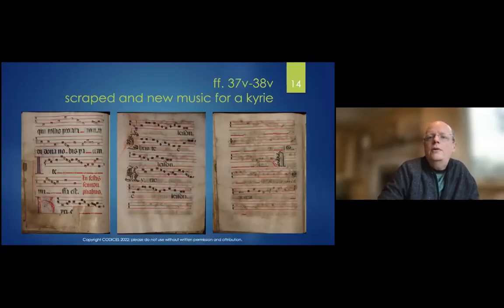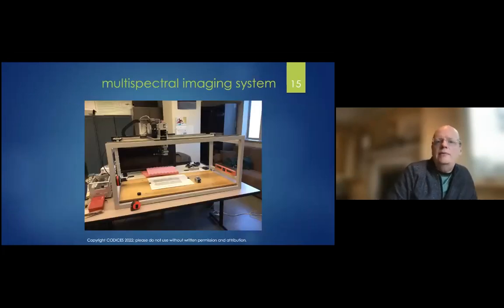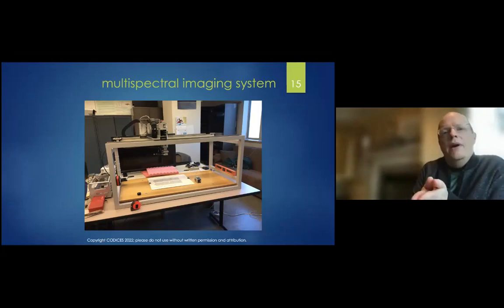Okay, so the way most people who do this kind of work do it is with multispectral imaging. What that usually means is you have a system that takes an image of the page and separates out the different frequencies of light into separate images.